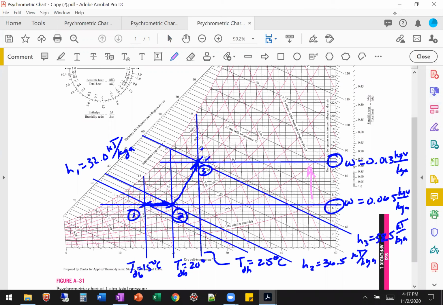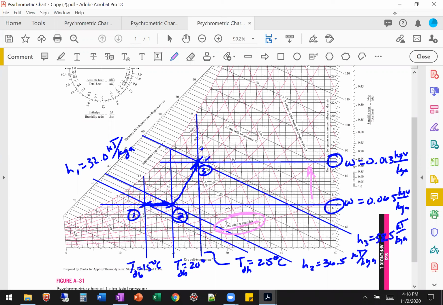Any other questions? And that's it for today. Oh, go ahead. Real quick. How does specific humidity not really change, even though we're adding a heat source to it? Because specific humidity and relative humidity are two different things. Relative humidity changes.